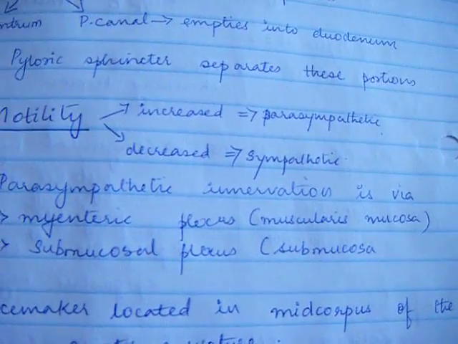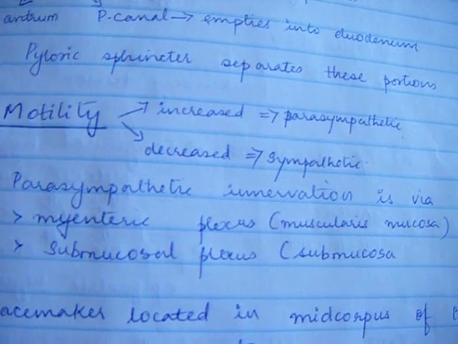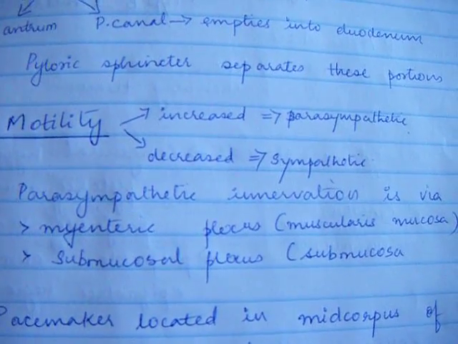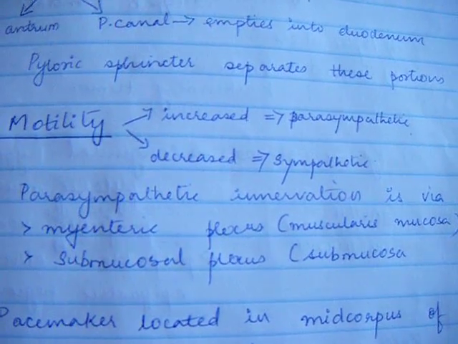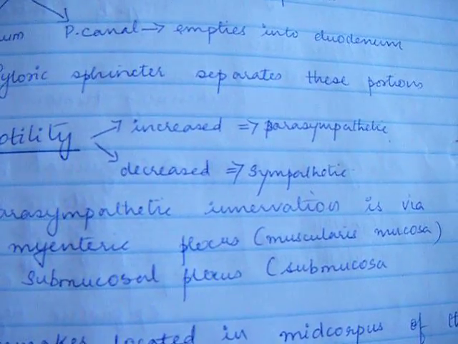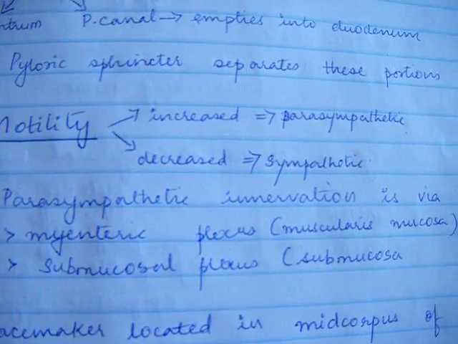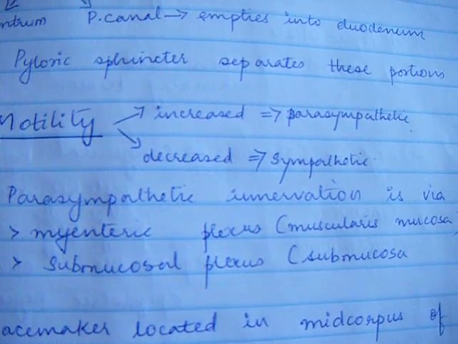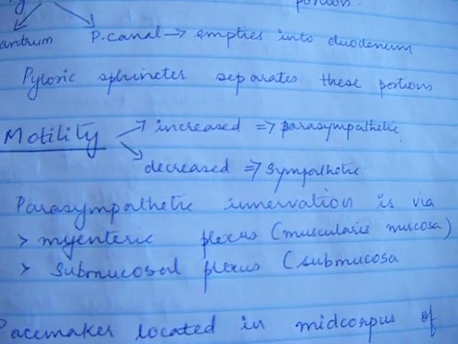Now parasympathetic innervation is mainly through two plexus, namely myenteric plexus and submucosal plexus. The myenteric plexus is found in the muscularis mucosa of the stomach, and submucosal plexus is found in the submucosa of the stomach, that is submucosa of the mucosal layer.